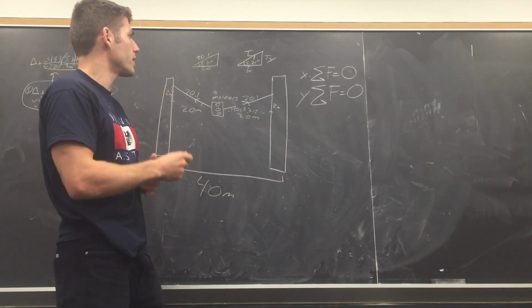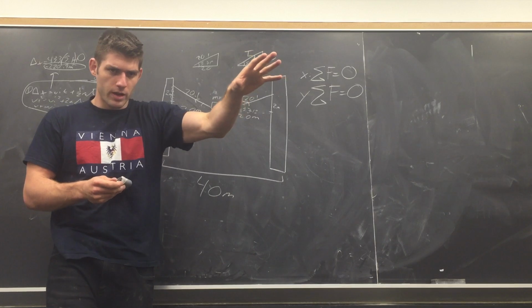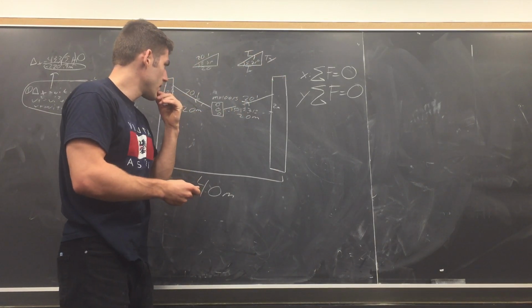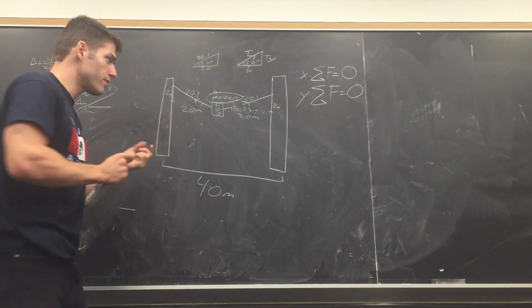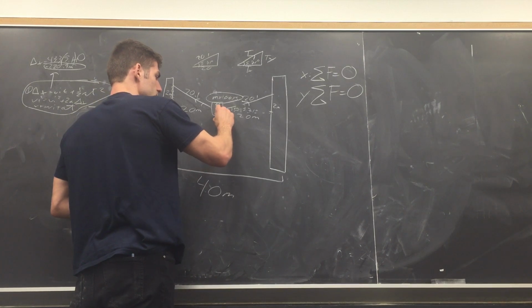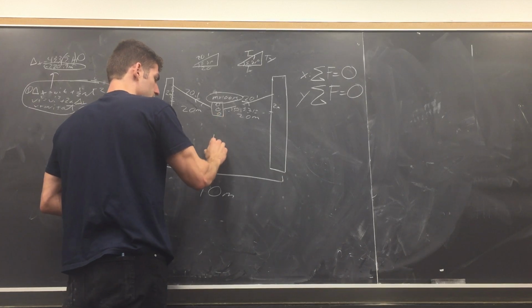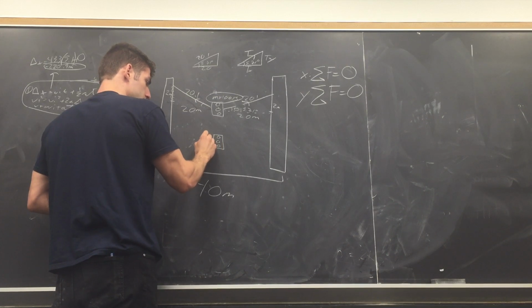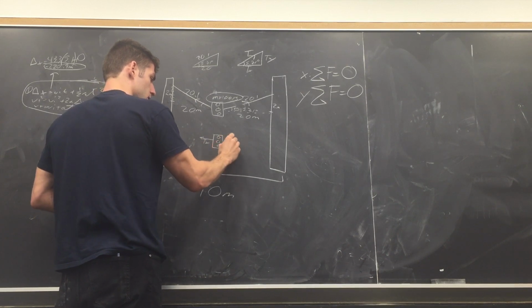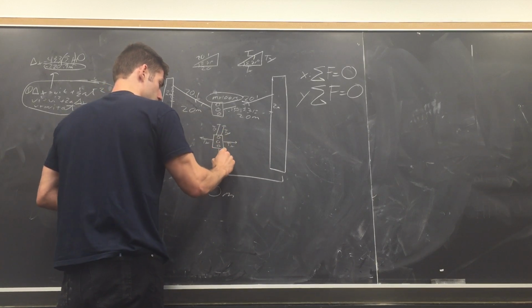So now, okay, shoot, we still don't have enough to figure out anything. Well, remember, this is a stoplight. It's not moving left, right, up, or down. The mass is 100. So if I want to draw a good free body diagram for this, let's redraw this. I'm going to draw the traffic light just right here. Technically, it's pulling Tx to the left, Tx to the right, Ty, Ty, and the force of gravity.